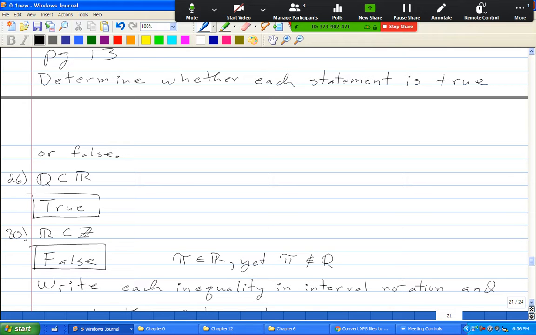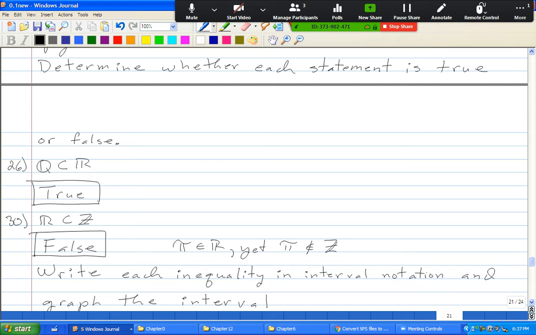It's not a rational number either. It's not an integer. So you could pick 1/3. 1/3 is a real number, but it's not an integer. And so very few numbers are just integers.